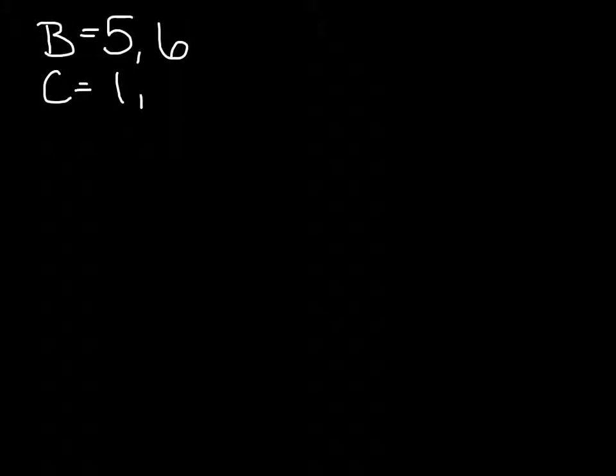Okay, so now that we've done the side AB, we now have to do the side BC. So let's see what the coordinates are. For B, the coordinates are (5, 6), and for C, the coordinates are (1, 3).